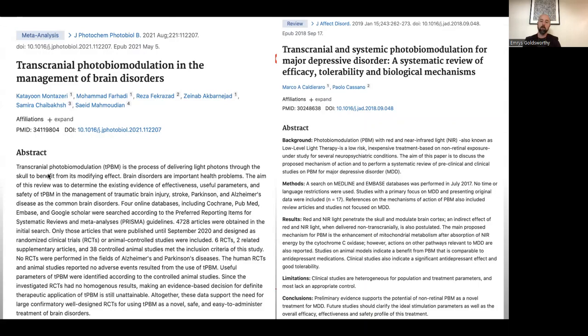So in this paper, they do recommend the use of it for major depressive disorder, but they're still unclear about the ideal stimulation parameters. The safety profile of it is that if you do it in a research-based way, like in a randomized controlled trial, you can get side effects, most of which are benign, okay?